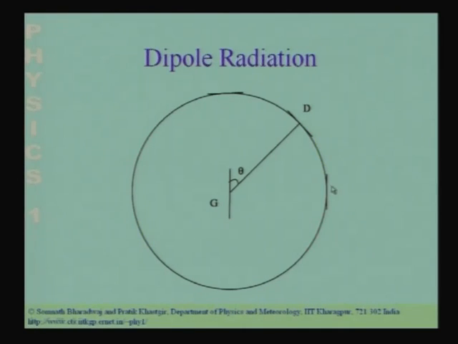The line of sight from here to here is in this direction. So, the component of the acceleration perpendicular to the line of sight is this direction. So, the electric field here is basically parallel to this. It is going to oscillate up and down, and it is going to produce a voltage in this dipole which you can measure.